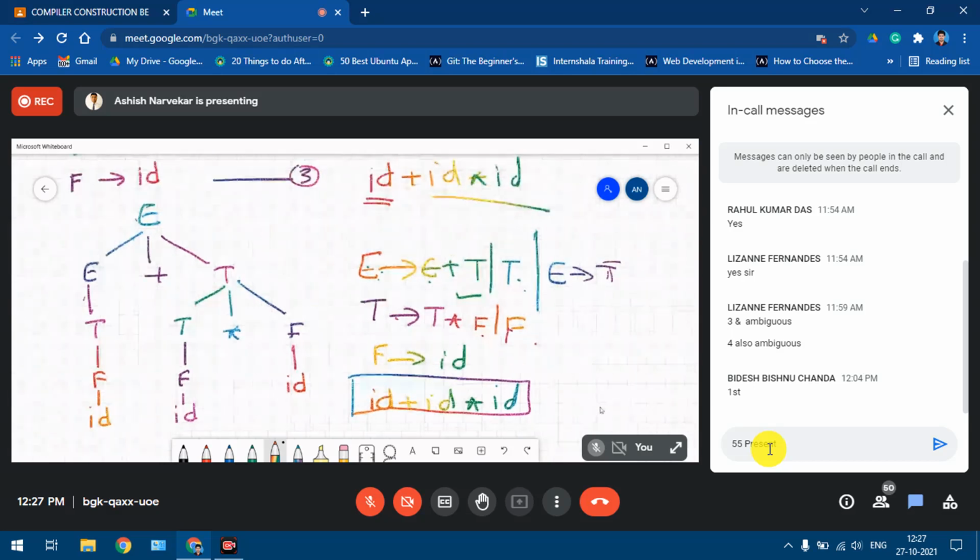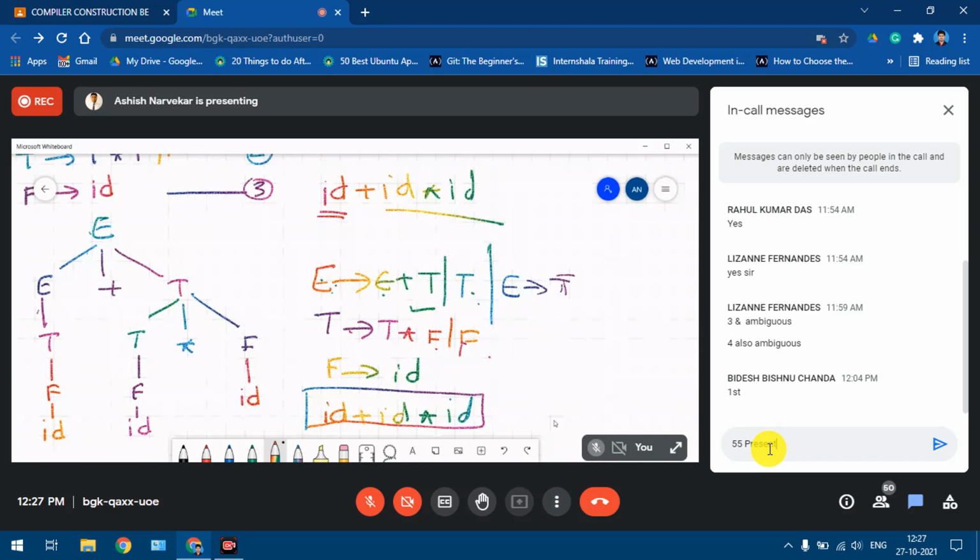If you notice, we get this particular yield, which is nothing but the string that is given to us. Now, shall we try to draw the same leftmost parse tree by choosing some other production? Is it possible? What I want is id plus id into id, right? But looking at the production rules, it's not possible. Let's just do a trial.